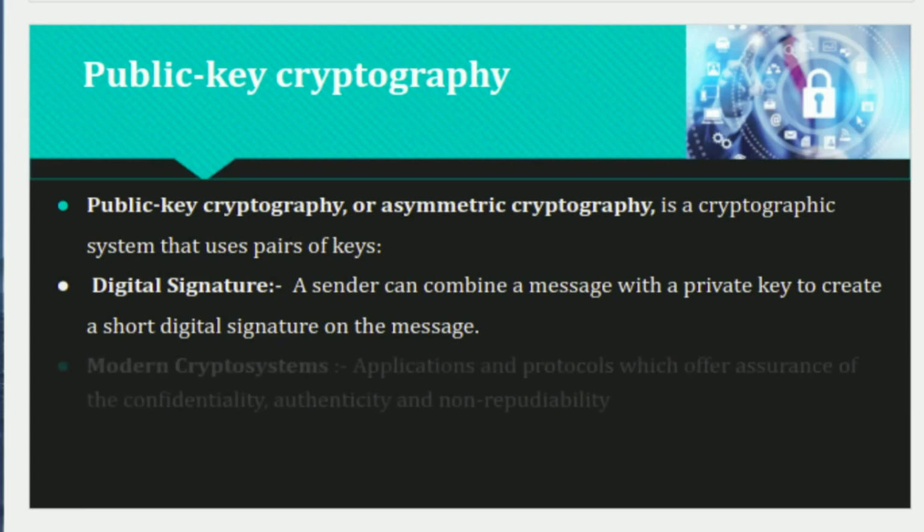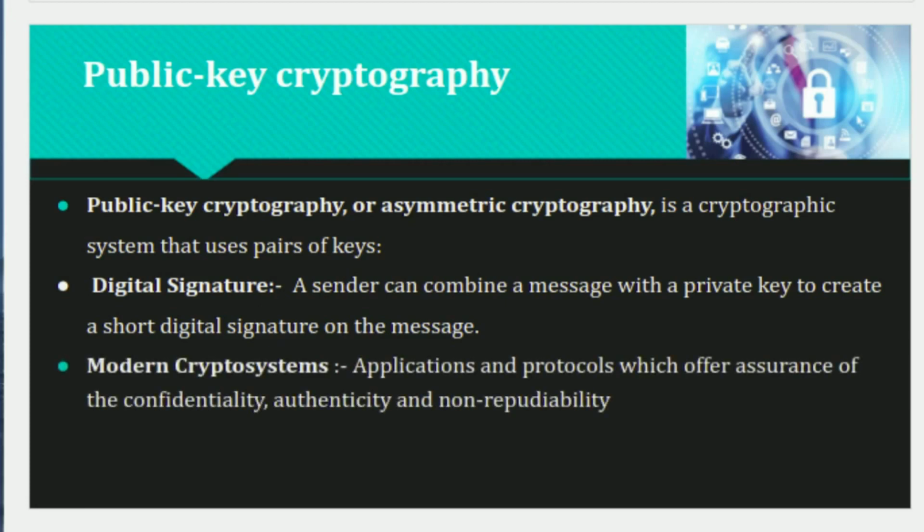After that, public key algorithms are fundamental security primitives in modern cryptosystems, including applications and protocols which offer assurance of confidentiality, authenticity and non-repudiation of electronic communication and data storage.